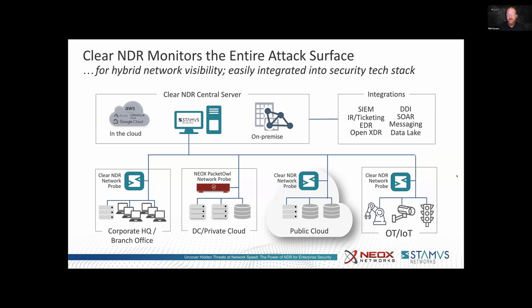We also can integrate into IR ticketing or send our data into a data lake or SIEM to allow you to have a single pane of glass in those locations if you'd like. So this is kind of a quick overview of how the deployment would look, and you could have all Packet Owls if you'd like from a probe perspective, or switch them up in different ways if that's how it's needed.